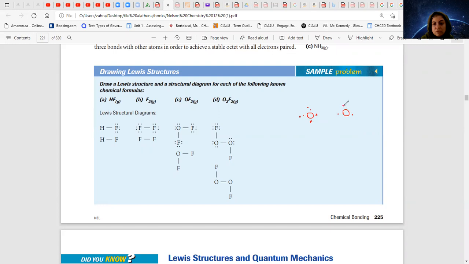And between these two, you share electrons, but we have F as well. It has 7 electrons. And here is another F.